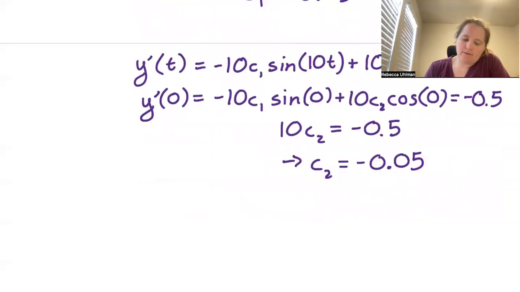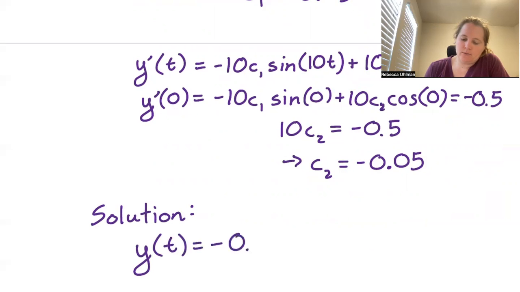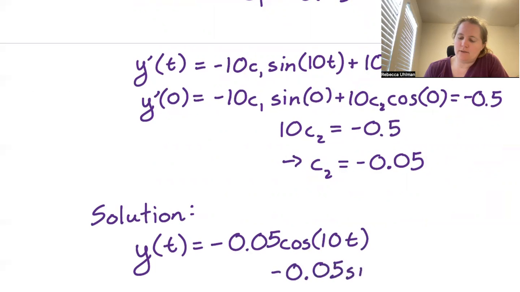And we get as our final solution that y of t is equal to negative 0.05 times cosine of 10t minus 0.05 times sine of 10t.